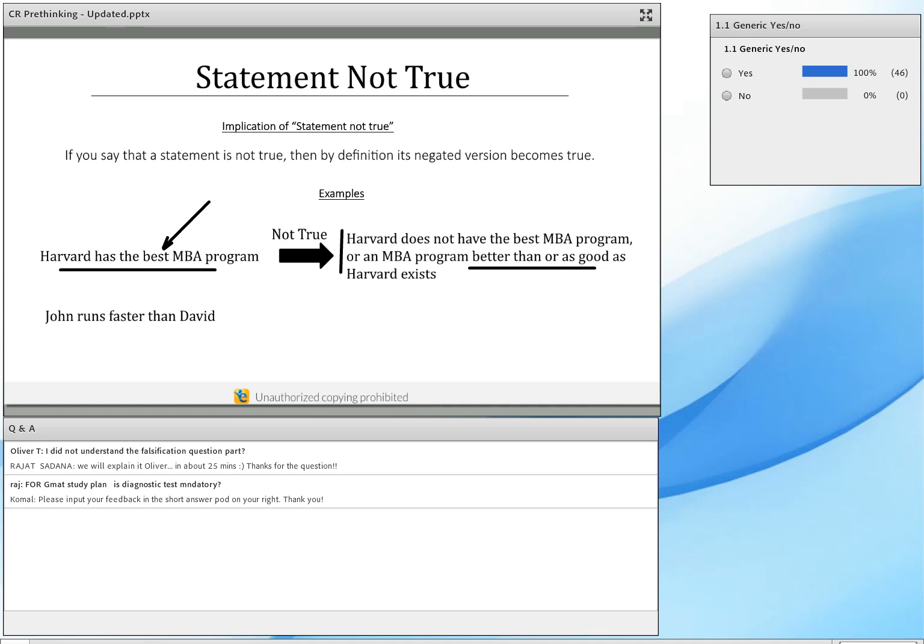When you say John runs faster than David, and if you say this statement is not true, what you're implicitly saying is that David is either as fast as John or David is faster than John. Is that not true? That's true, right? That's something which you're implicitly saying again. So the moment you say that a statement is not true, what you're implicitly saying is its negated version is true.